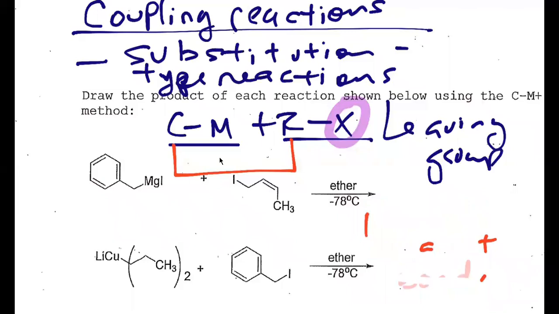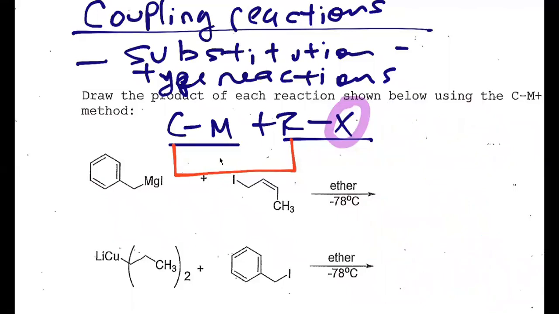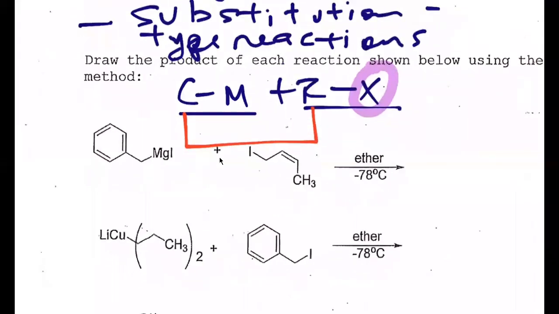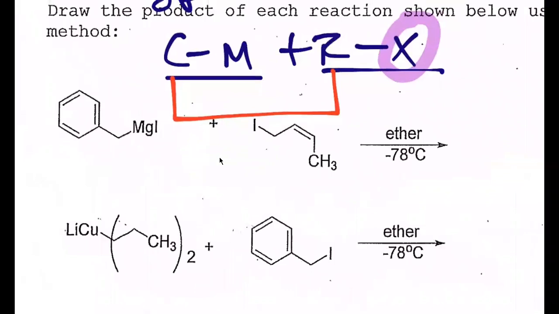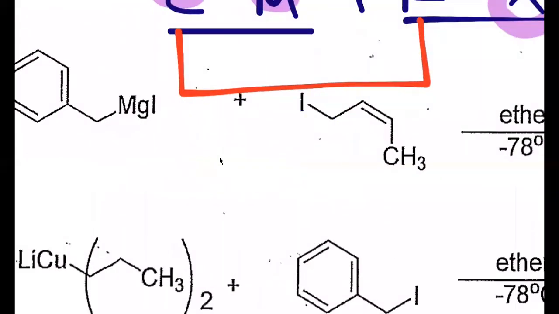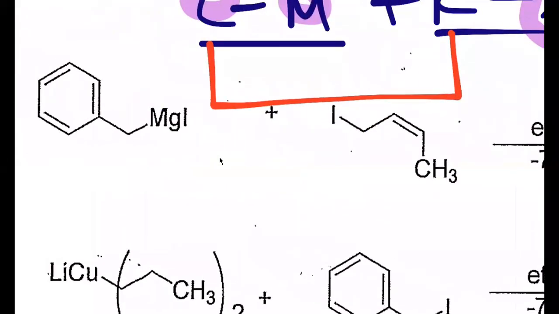So let's look at this first example. The best way to approach these problems is to first identify CM, where M is your metal and C is the carbon bound to it, and then identify RX. Over here, this is a Grignard, which is an organometallic.